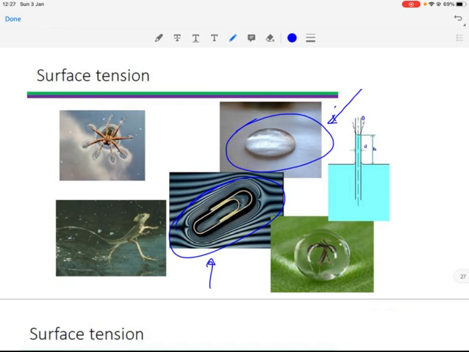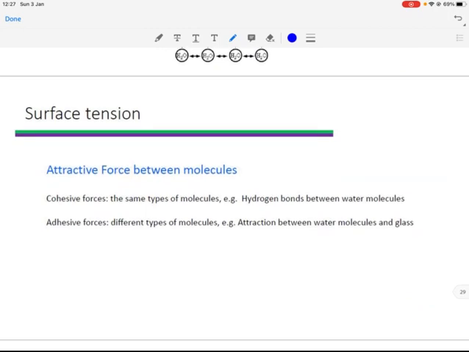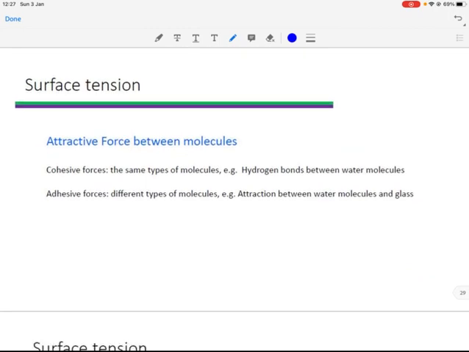How the drop of water forms on the surface really depends on the property of the surface that relates to two important types of force. One is cohesive force and the other is adhesive force. Both of them are attractive forces between molecules.